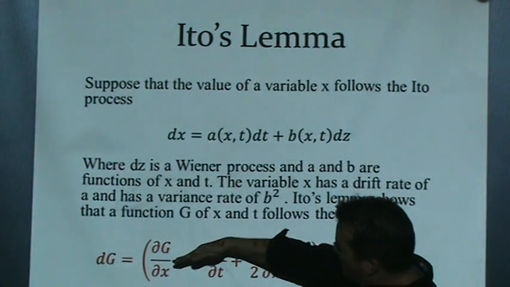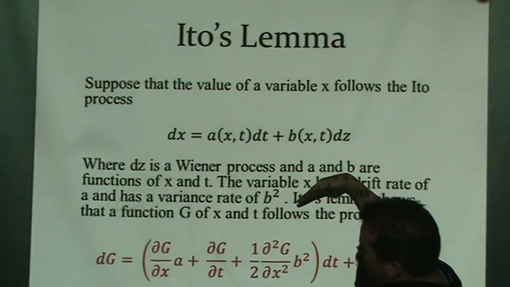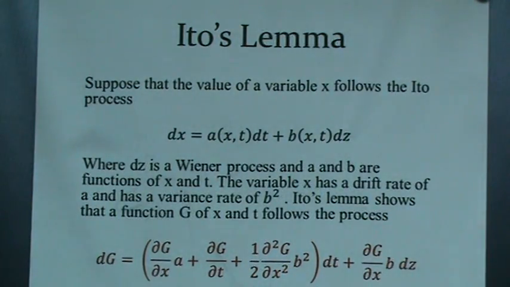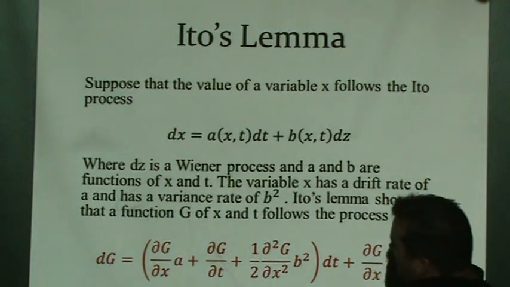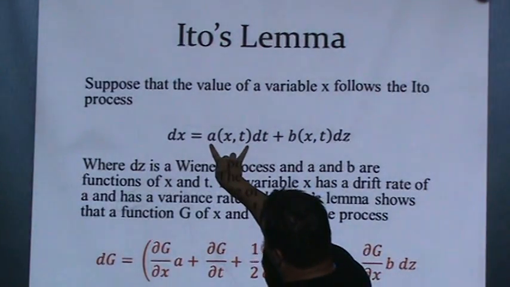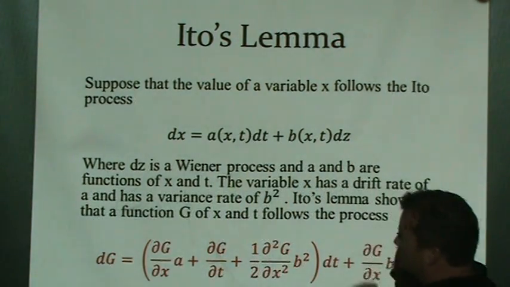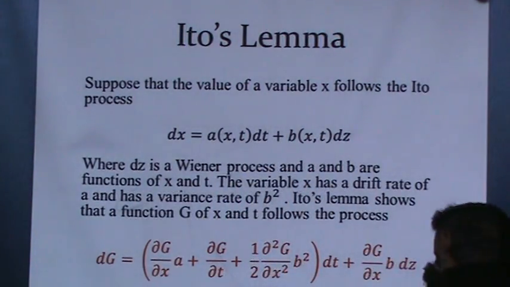And this will cause our process to drift upward. And in the risk-neutral-minded sense, it will drift upward at the rate of interest. So this is the drift part, and this could be the random part or the stochastic part, whatever you want to call it.